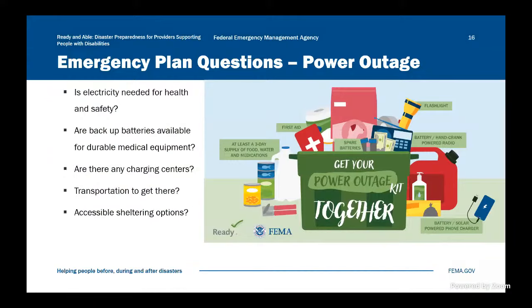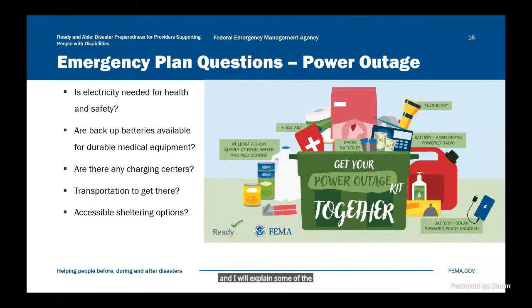Here are some examples of things you would consider as you're drafting a plan. These are a few questions, and I'll explain some of the things on here you may not be familiar with. For example, are there any charging centers?